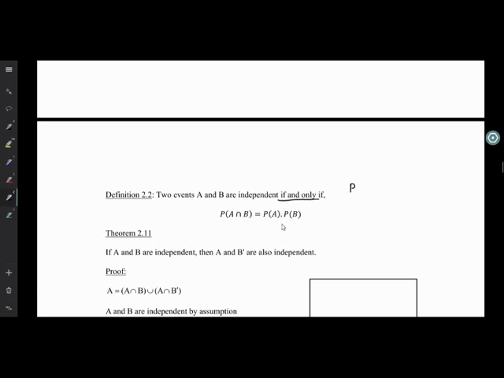We know that the probability of A intersection B is the probability of A times the probability of B given A. When A and B are independent, P(B given A) is the same as P(B). So you end up with this multiplication. This is called the multiplication rule when A and B are independent.